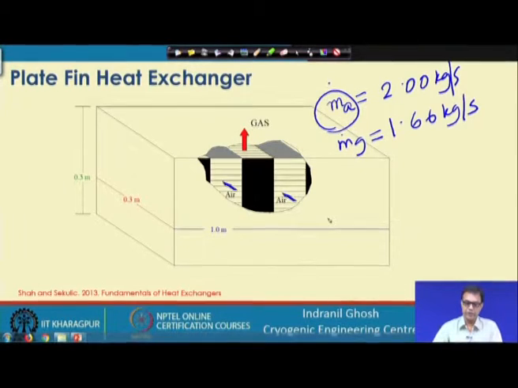At this moment we do not know exactly what the exit temperature of the air or of the gas is. That is what we are supposed to find out, and as we have seen in the earlier cases, we have to make a rough estimate of the gas exit or the air exit, so that we can evaluate the fluid properties at the mean temperature.